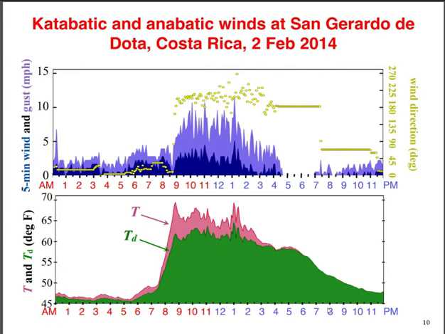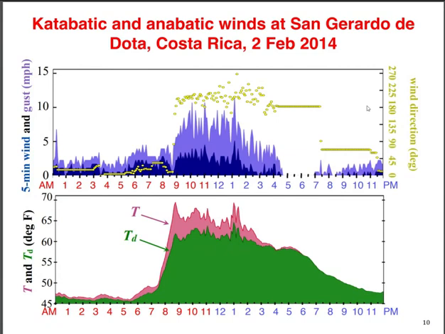The dark curve is the 5-minute wind, and the lighter curves are the gusts. The yellow circles are the wind direction, indicated over here. Don't worry about what the actual wind direction is. The thing to notice is this abrupt reversal of the wind direction around 8:30 in the morning. It changes by about 180 degrees.